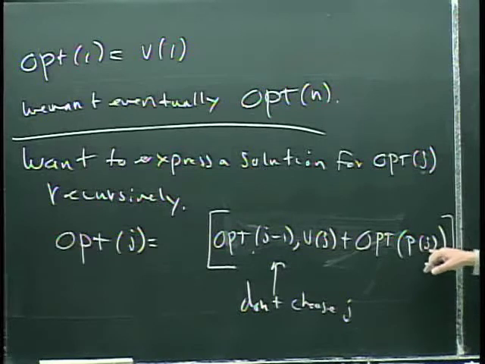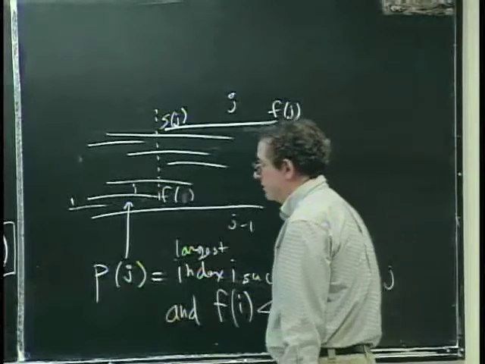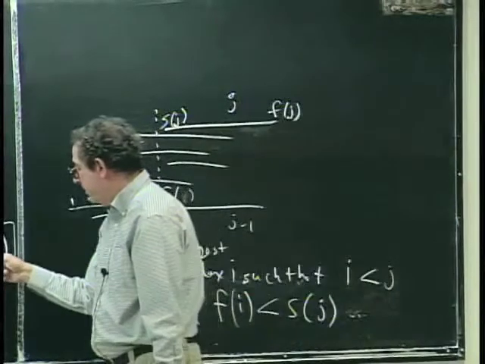Pj depends on j. Okay? In this picture here, it was this I, but generally it's pj. So this interval pj depends on j.